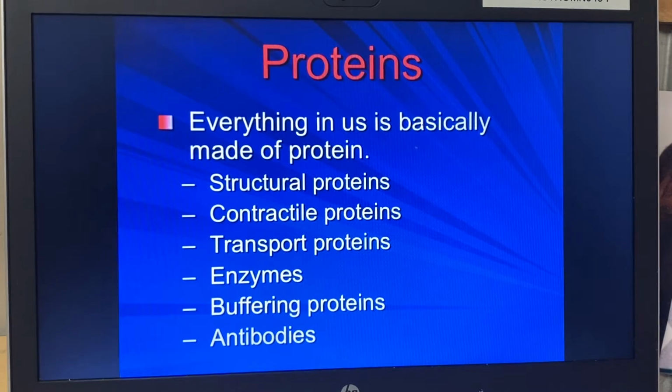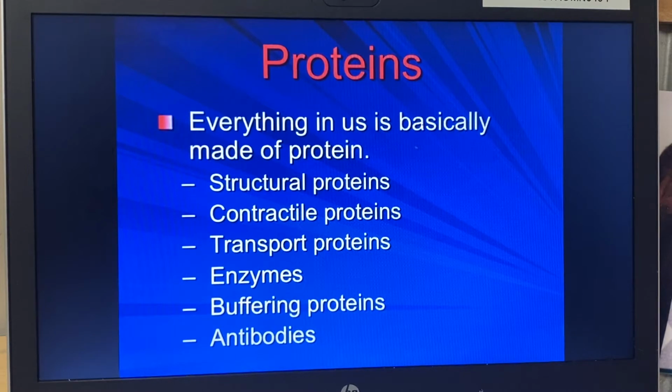And so you have proteins that help transport them, whether they form a membrane channel in the cell membrane, or they need to hold their hand and take them to wherever they need to go. Those are called chaperone proteins. Enzymes we're going to talk about separately, so I'm going to leave those off for just a second.